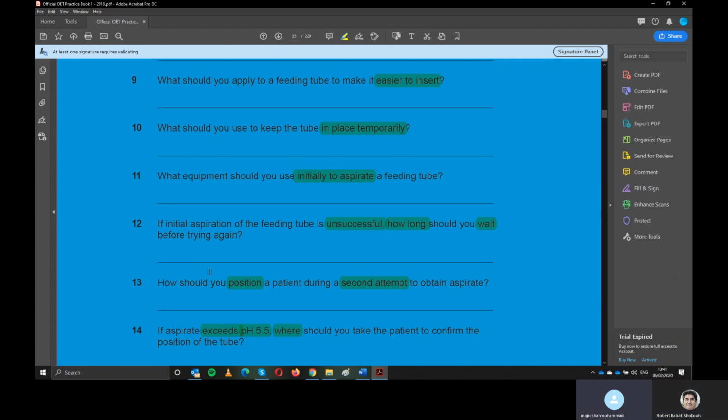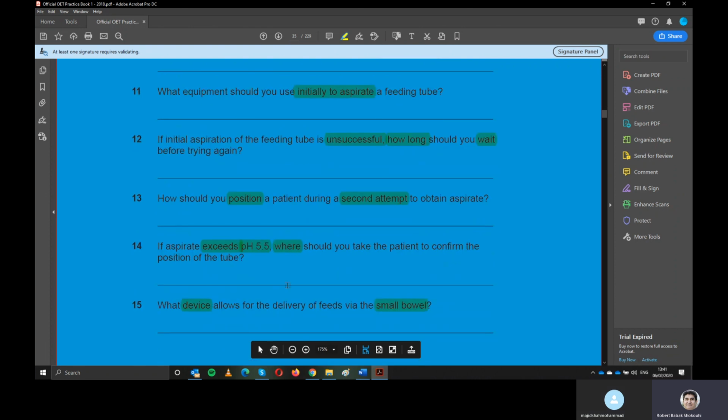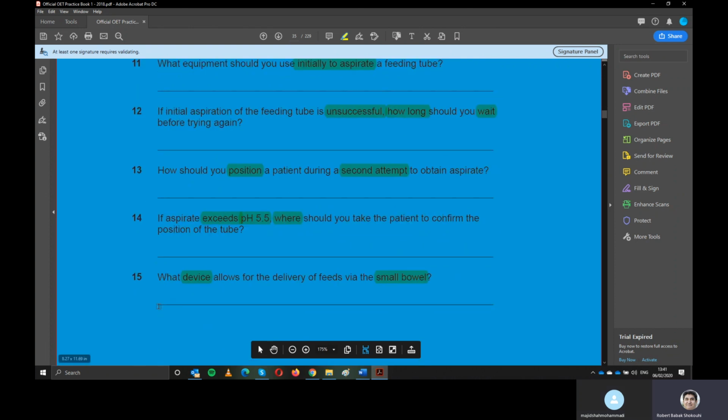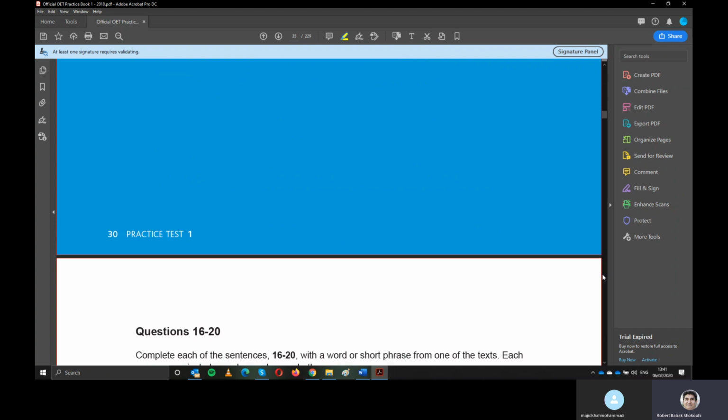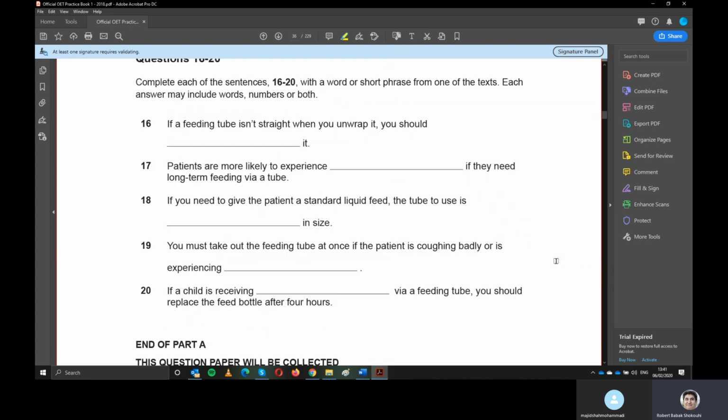Position the patient for second attempt: turn onto left side. Then X-ray department. What device? Feeding pump. So basically, we had to go back 2 or 3 times, but each time we know where to go because we roughly know what is where. Now let's go to the next one.